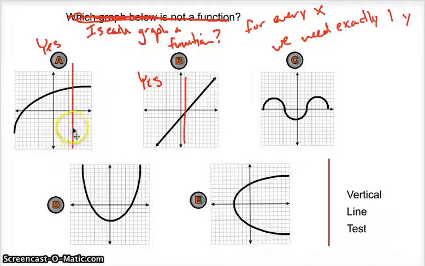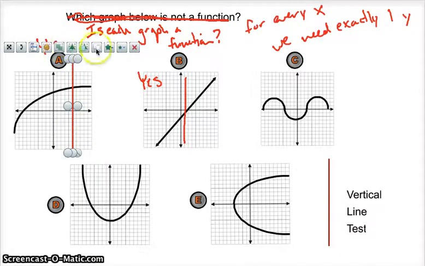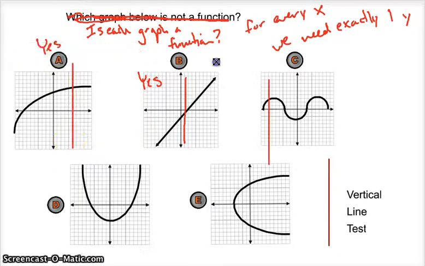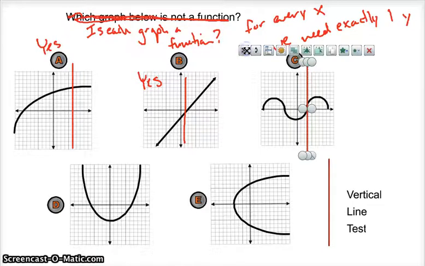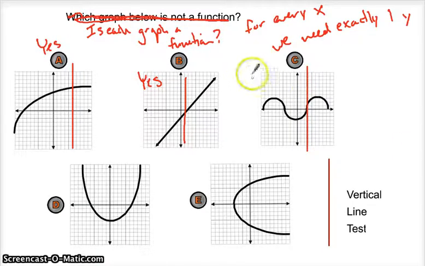And the same idea goes if we go over here. Now, some of these points look pretty close, like right in here, but realize that if you follow that line, it does keep moving to the right as it goes up and down. It keeps going back and forth. So therefore, yes, again, this line passes. Same thing goes for this nice curved line. As you move a little bit to the right every single time, it's going to pass a vertical line test. And yep, that one's fine.